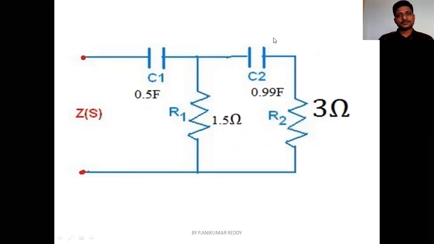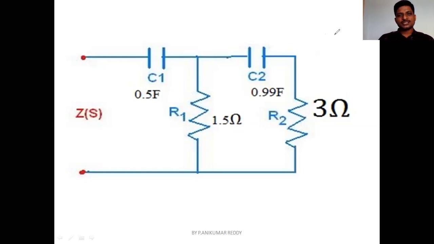If he is not specific about the method, you can follow any one method, either Foster one or Cauer two. Here also you can observe in Cauer two the number of elements is 4. So 1, 2, 3, 4 elements. Whether it is Foster form or Cauer 1, Cauer 2, whatever it is, the number of elements will be the same. Only connections and values will change.